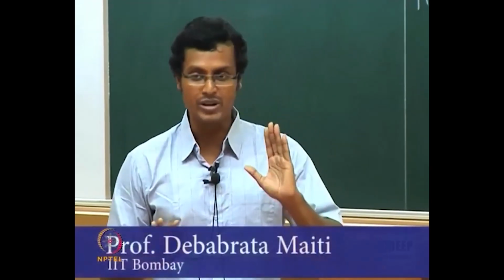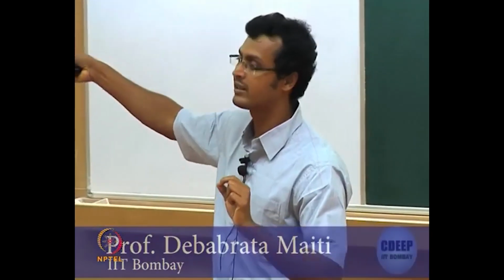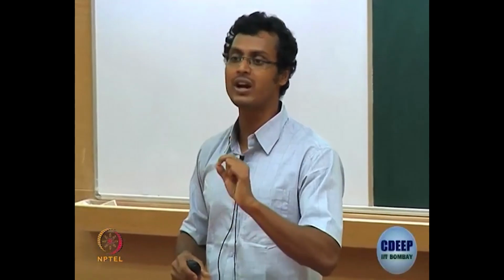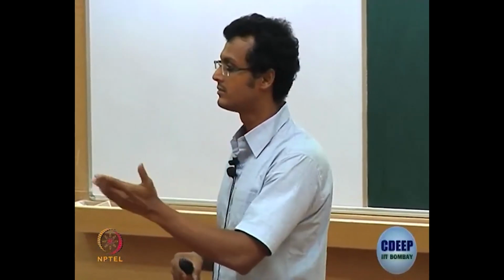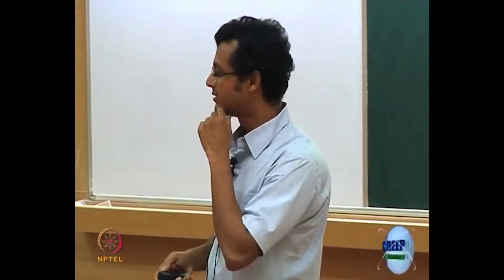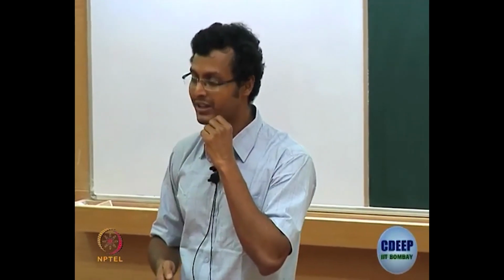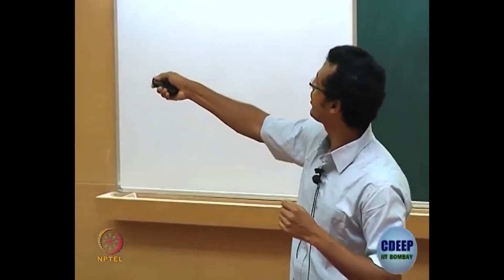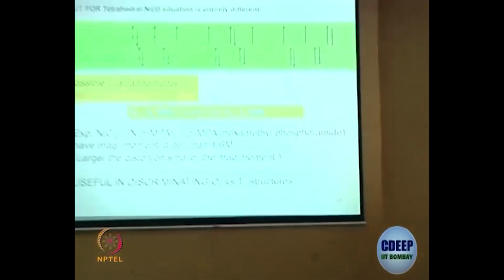Now nickel 2 plus octahedral electronic configuration is given. Nickel 2 plus tetrahedral electronic configuration is E4 T2, right?